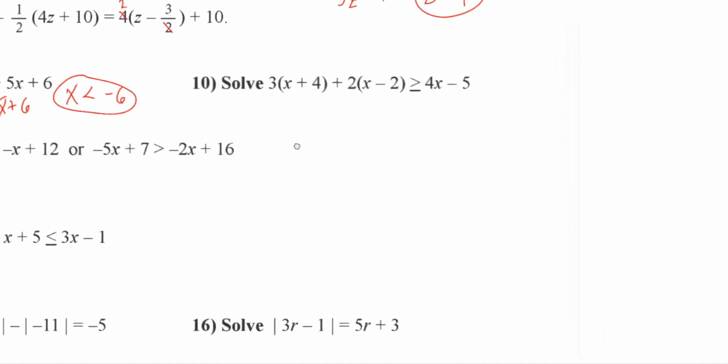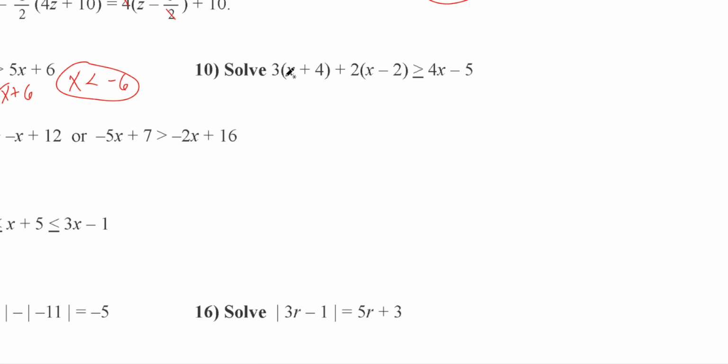All right, let's do this. 3x plus 12 plus 2x minus 4 greater than or equal to 4x minus 5. Okay, add like terms. 5x plus 8.